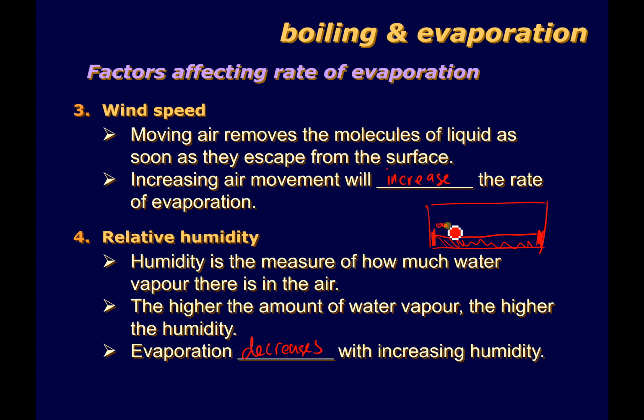Now if there is a lot of water vapor here because the humidity is very high, the chances of a water molecule escaping into here will be low. However, if I change the situation such that the water molecules in the water vapor in the air are few, it is easier for me to escape. So the probability of me evaporating will be higher. This is what I mean when I talk about humidity.